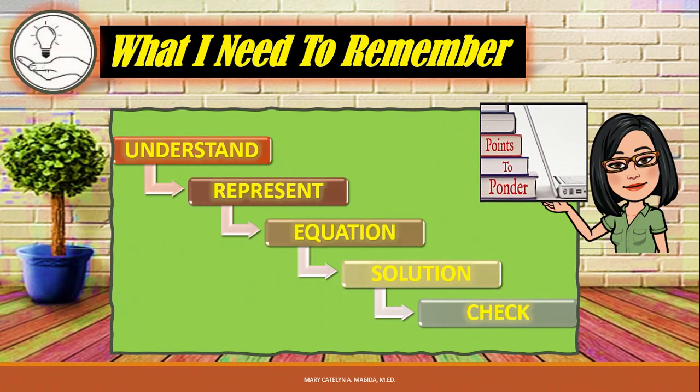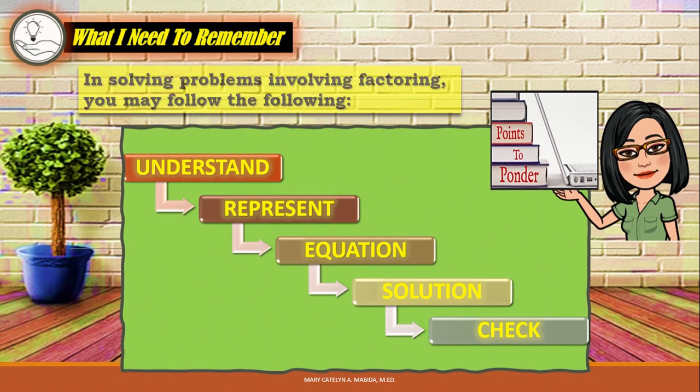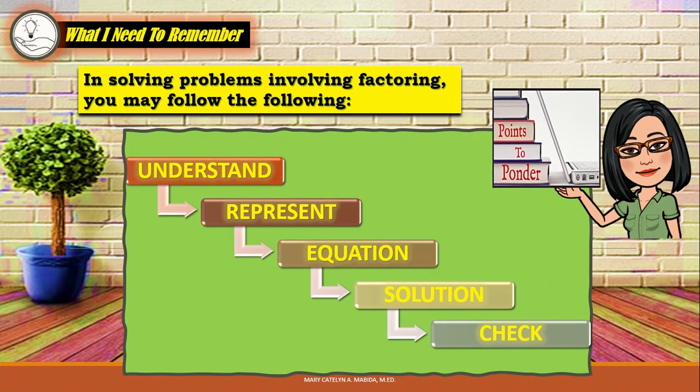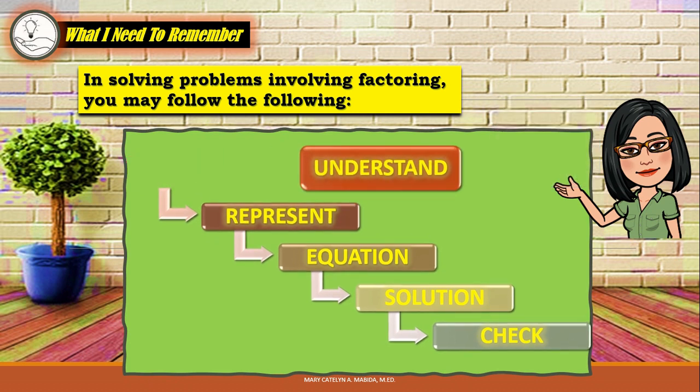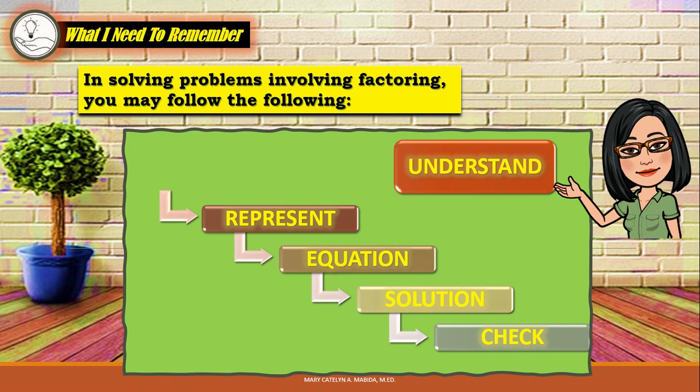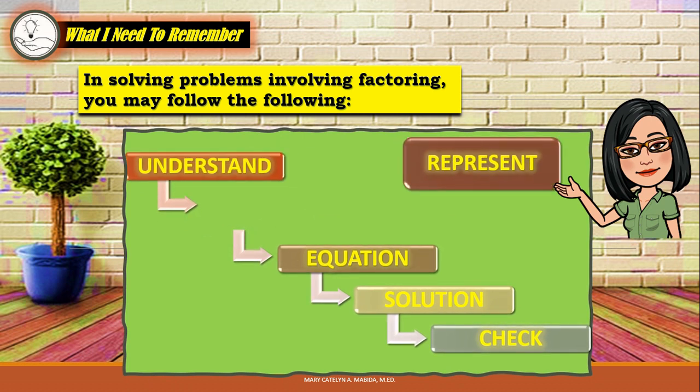Now, what you need to remember. These are points to ponder. Solving problems involving factoring, you may follow the following steps. Read and understand the problem. Identify known and unknown quantities and represent an unknown quantity, and if possible, express all the other unknown quantities in terms of this variable.